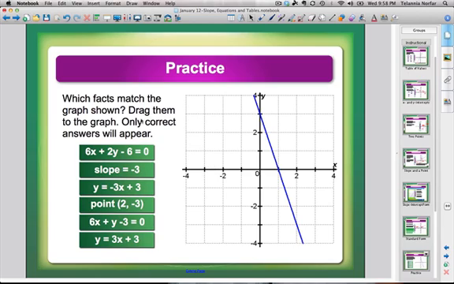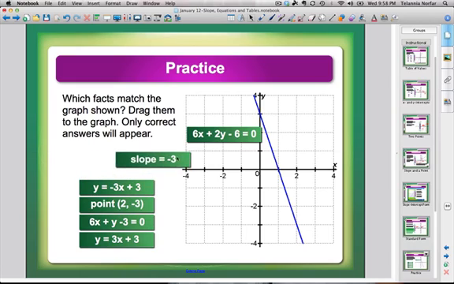Okay, it says drag them to the graph. Only the correct answers will appear, meaning they'll be on top. So let's see if this one, yes, that matches the graph. Yes, I can tell the slope is 3 over 1 and it's negative, so that is correct.